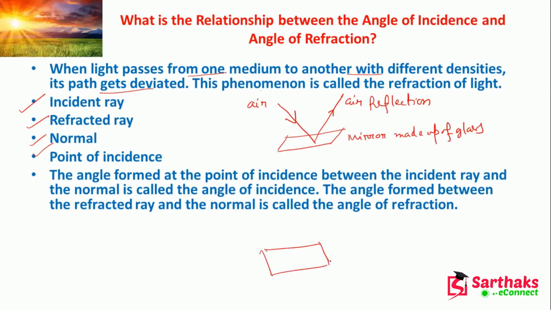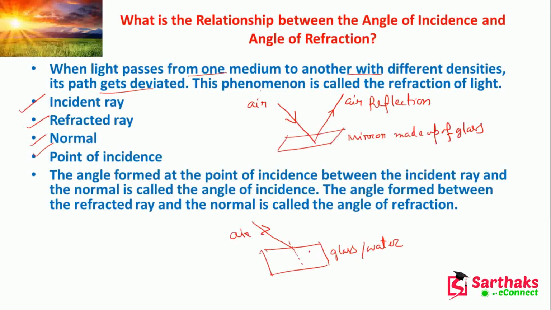Suppose you have one glass medium here, or water, whatever, and there is an air medium here, and the incident ray. You have the normal here and you can see there will be some deviation. It will penetrate inside this medium and there will be some deviation. This is called refraction.